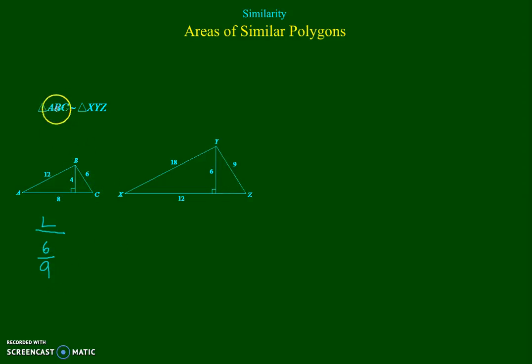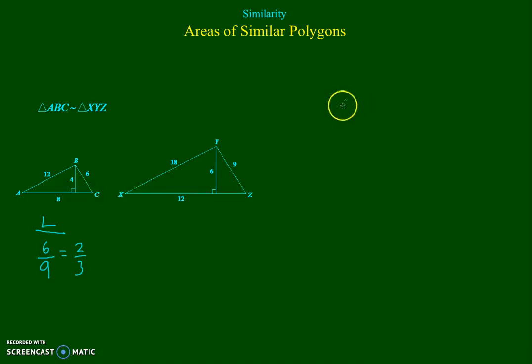So BC corresponds to YZ, 6 to 9, which is 2/3. Now, as we've learned, the corresponding side lengths of both of these figures are going to have the exact same ratio. Let's take a look at the area of triangle ABC.